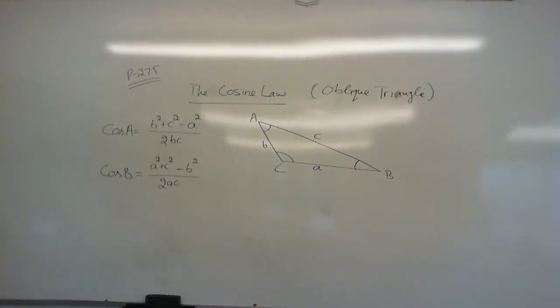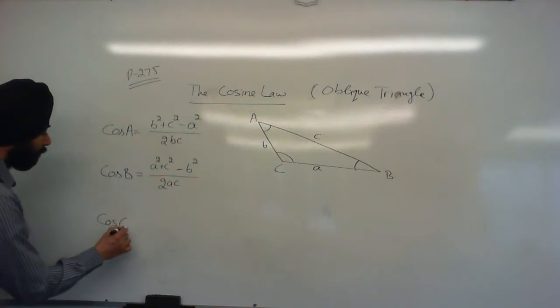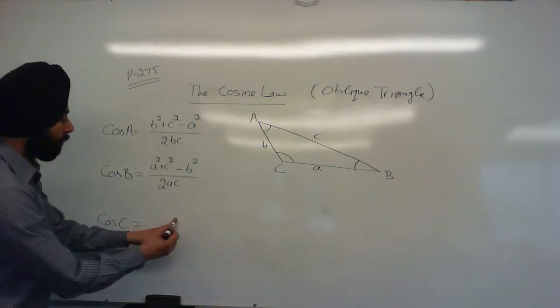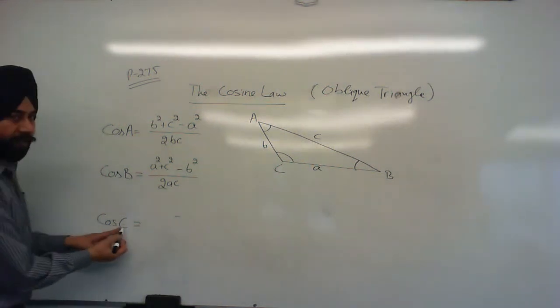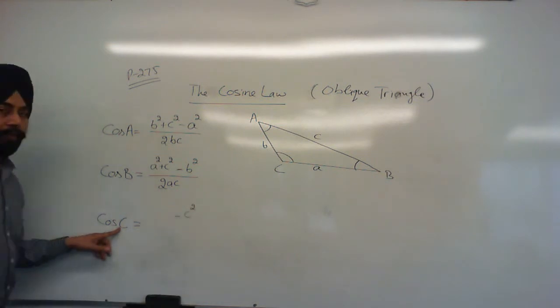Right? Similarly, to write this law for C, cos C, what will be subtracted here? Because angle is C, so the subtraction will take place for side C square.